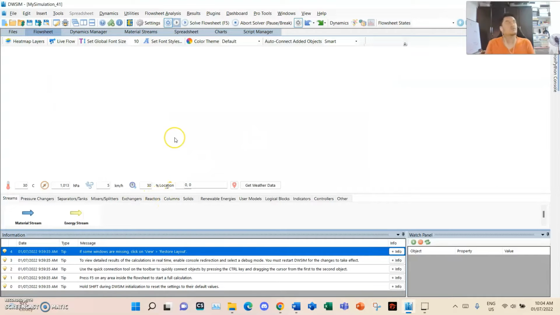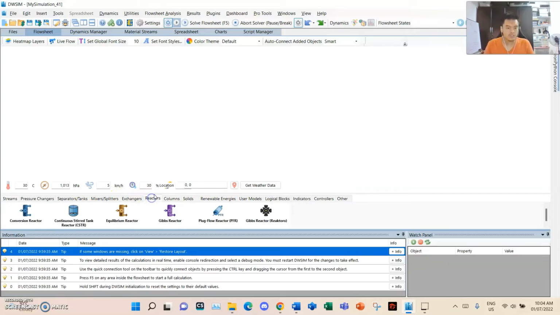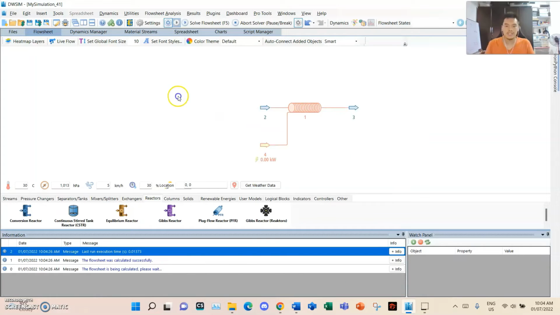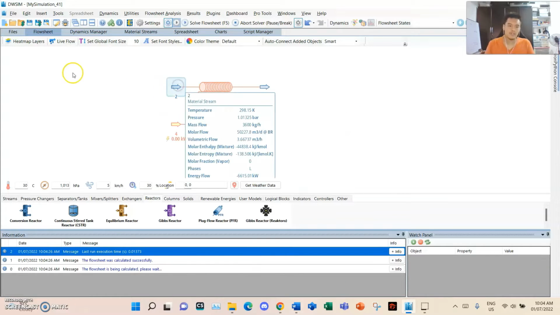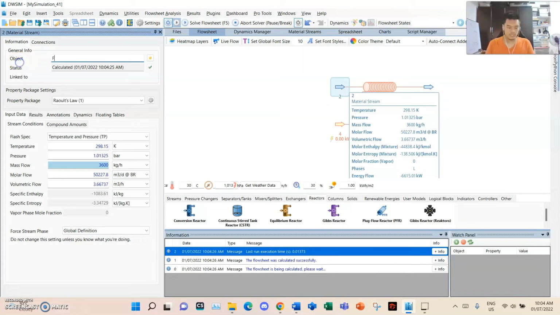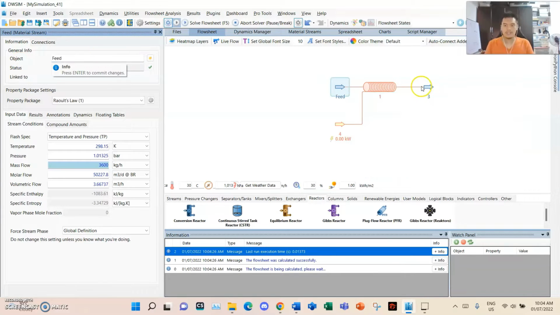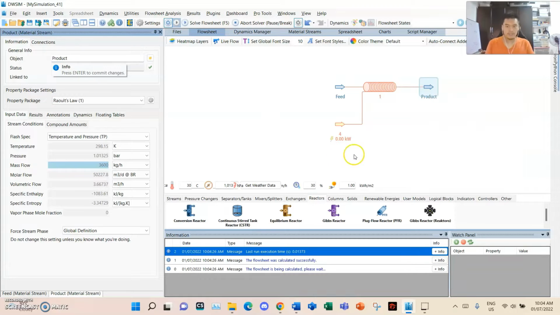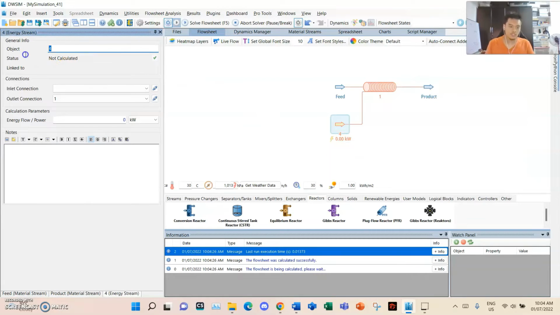And then, since we now have our reaction specified, we'll go to the reactors. So we go to the reactor tab, click PFR, and we would have the following streams automatically put together for us. We'll rename them as follows to ease labeling: the feed, the product, and then the duty.